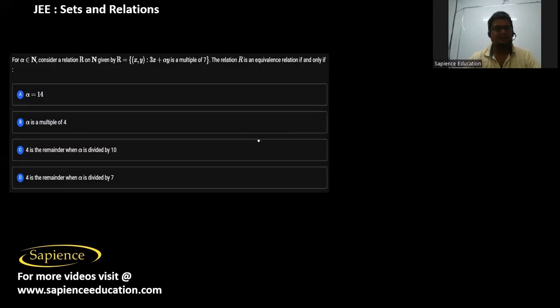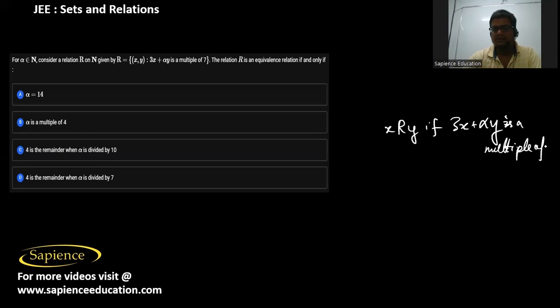Then here it is told that for alpha belonging to N, consider a relation R on the set N given by x is related to y if 3x plus alpha y is a multiple of 7.